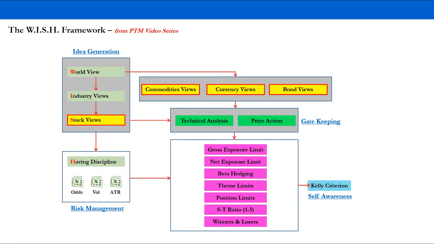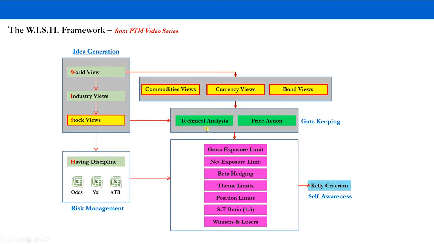And it's no different in the currencies market. So for viewers of the PTM video series, you will be able to apply a similar approach that we took in the PTM video series over here in the PFTM video series. And for viewers who haven't seen the PTM video series, this will be new to you, but don't worry about it. We'll explain everything as we go along.